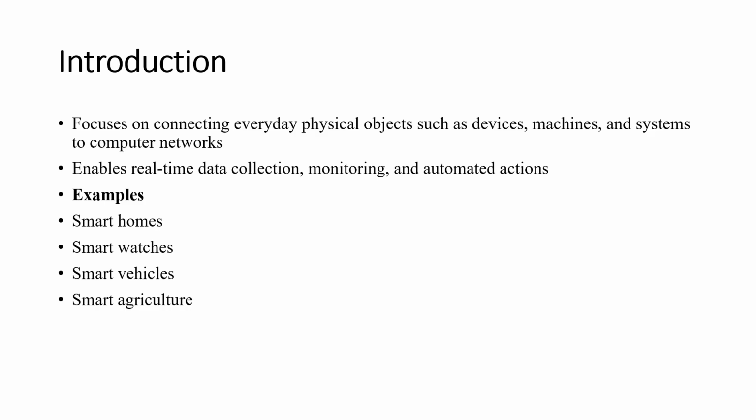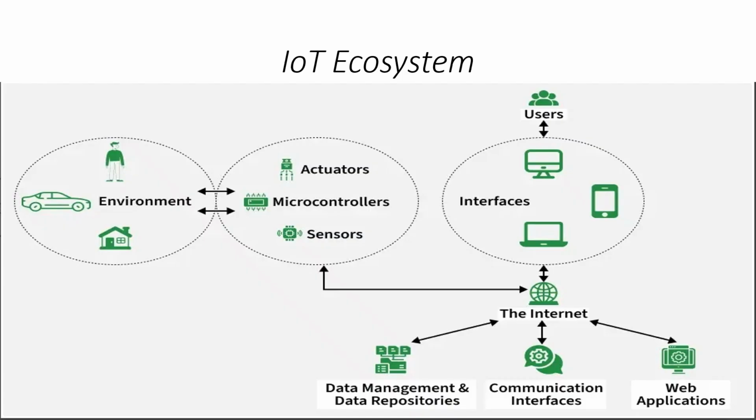Everyday devices that we are using, we are going to make it possible using the computer network and with the Internet. So it enables real-time data collection, monitoring, and automated actions. Some of the examples are smart homes, smart watches, smart vehicles, and smart agriculture.